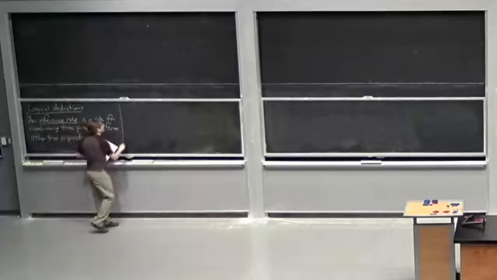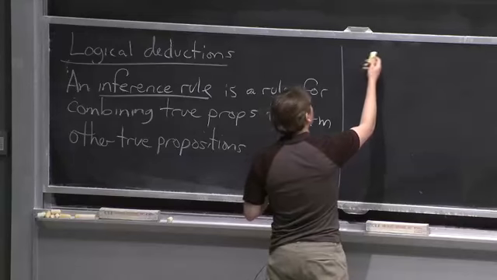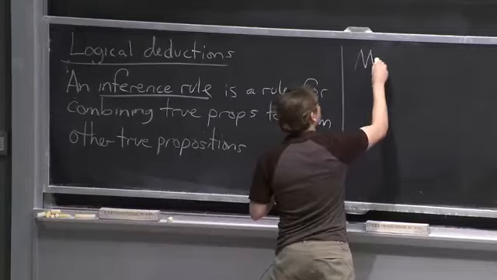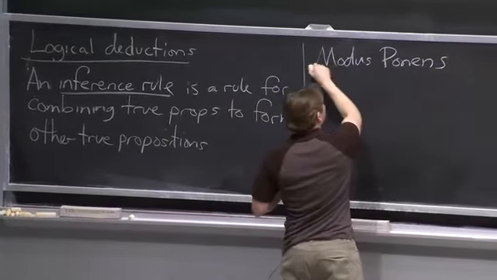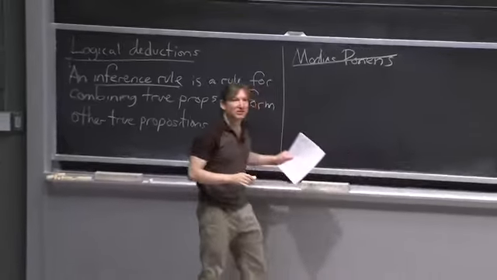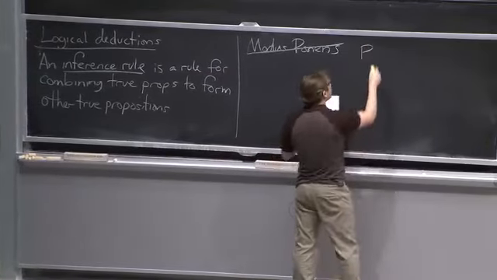For example, one of the classic ones, and one we've talked about briefly, is called modus ponens. And I'm writing this just to say, let's not ever use those words again. The concept is intuitive enough.